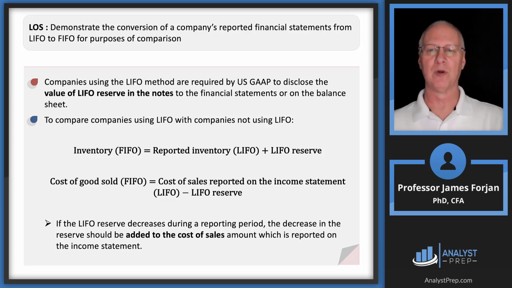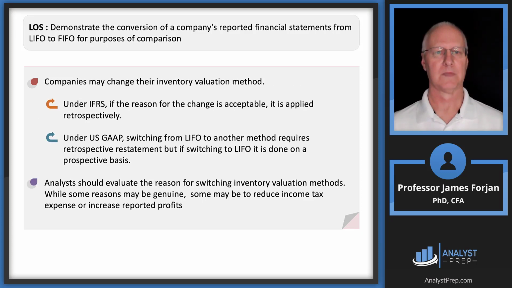But the LIFO reserve is going to equate those two inventory valuation methods. And so it might be that 100 is equal to 100 after we make the adjustments, or 60 is equal to 60 after we make those adjustments, depending on which direction that we're going.